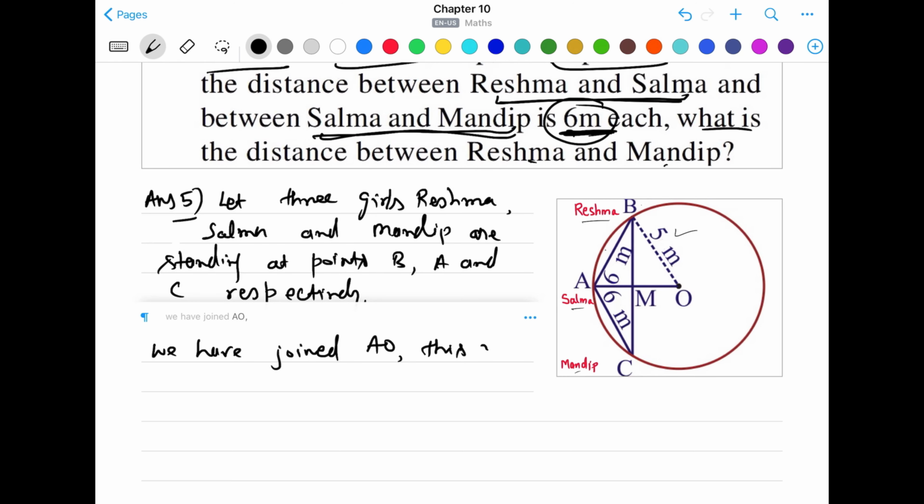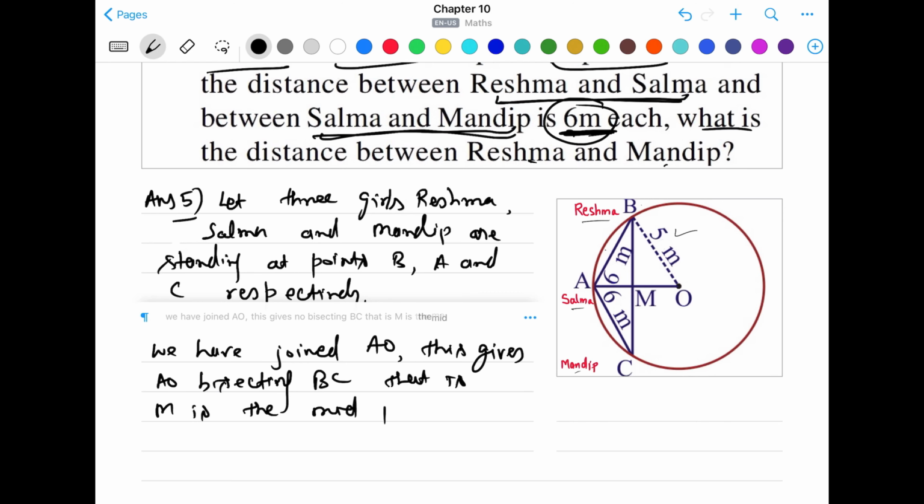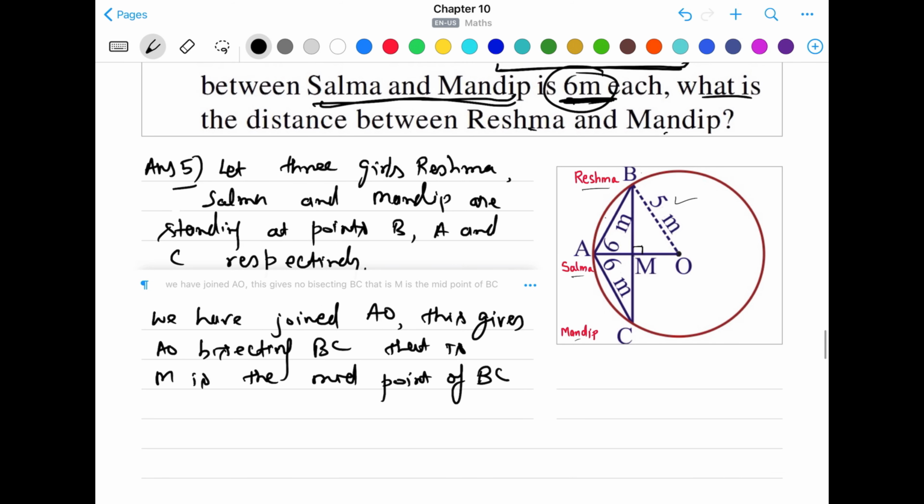This gives AO bisecting BC, that is M is the midpoint of BC. Since M is the midpoint of BC, and this M is joined to O, this gives that this OM is perpendicular on BC.